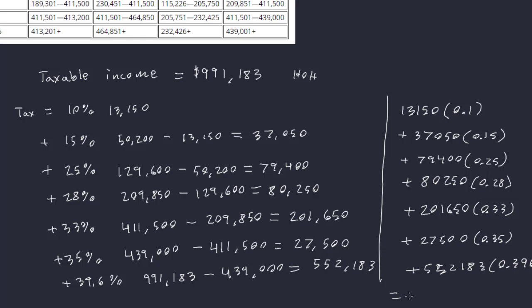And when we add all those together, do our multiplications and whatnot, we should get down to exactly $344,200.